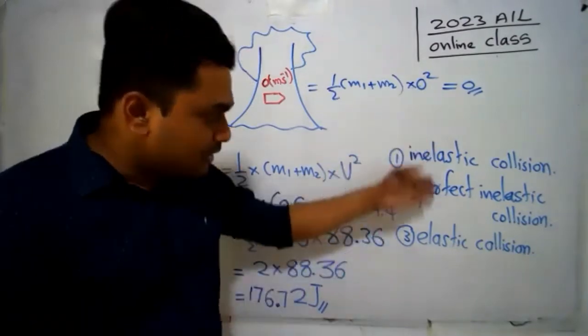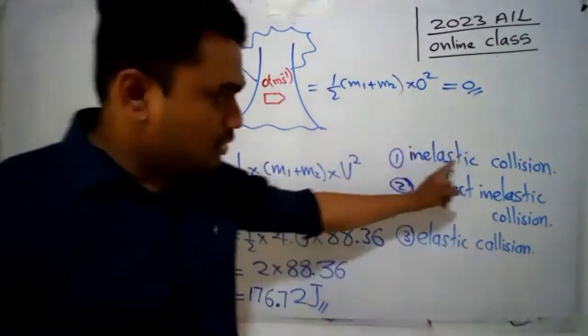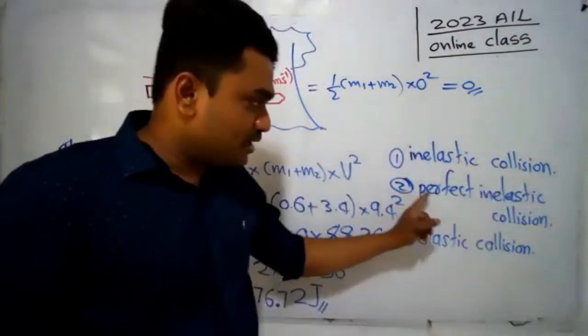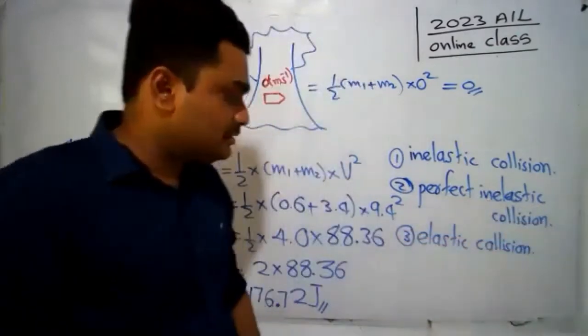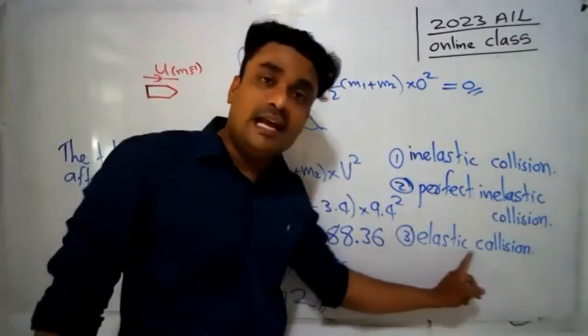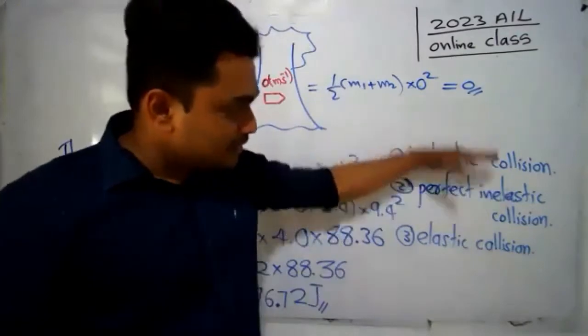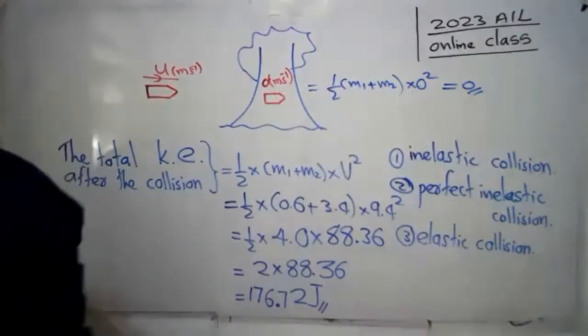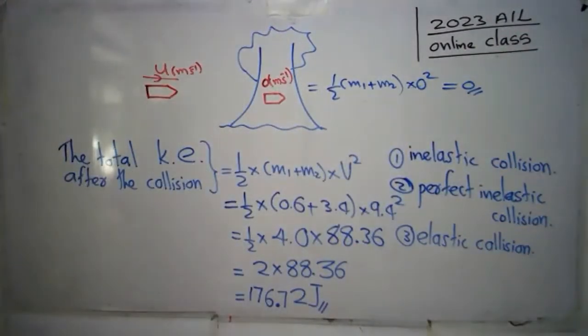Then put 1, 2, 3 and write inelastic collision, perfect inelastic collision, and third one, elastic collision. Please write these three here. There are three different collisions in the universe. So please write them all quick.